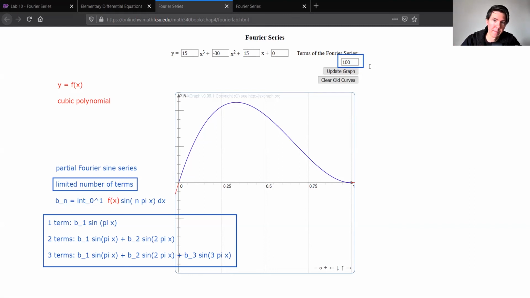In theory, with an infinite number of terms, it would exactly line up. They would be exactly the same thing. Computers have trouble with infinity for obvious reasons. But nonetheless, that's the idea, that as you take more and more terms, you get closer. Or in theory, maybe that won't always be the case.